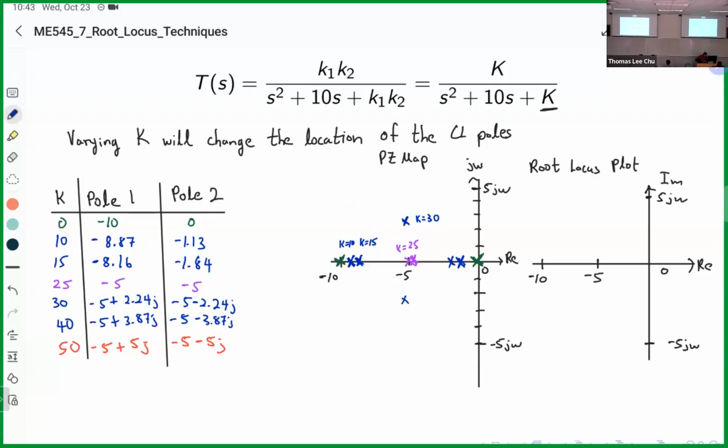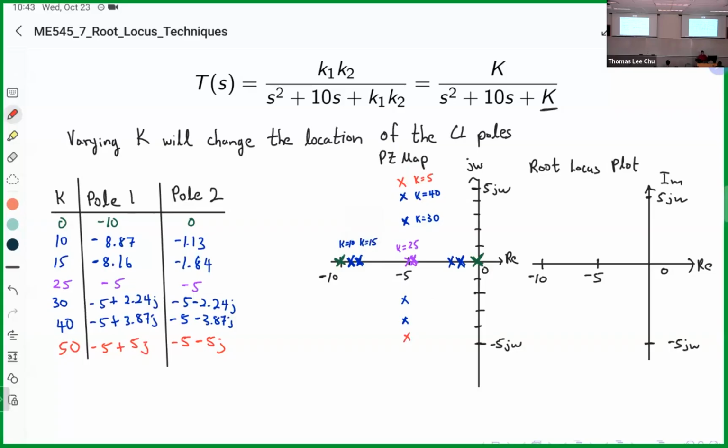And then when I increase it even more to 40, I get -5 plus 3.87j and -5 minus 3.87j. And then finally, when I increase it to a gain of 50, we get -5 plus 5j and -5 minus 5j.